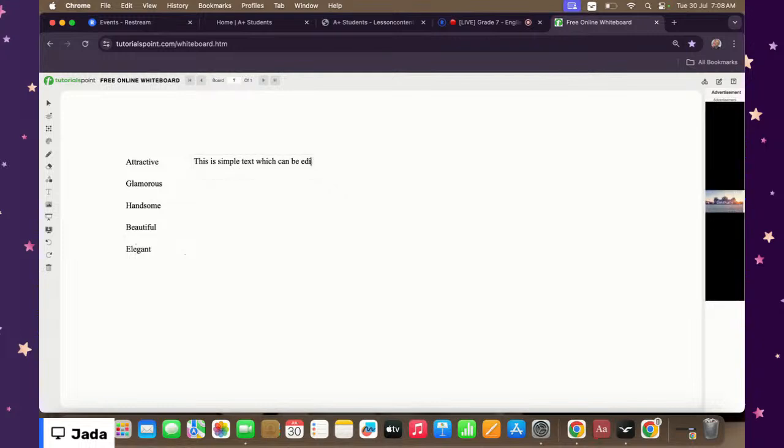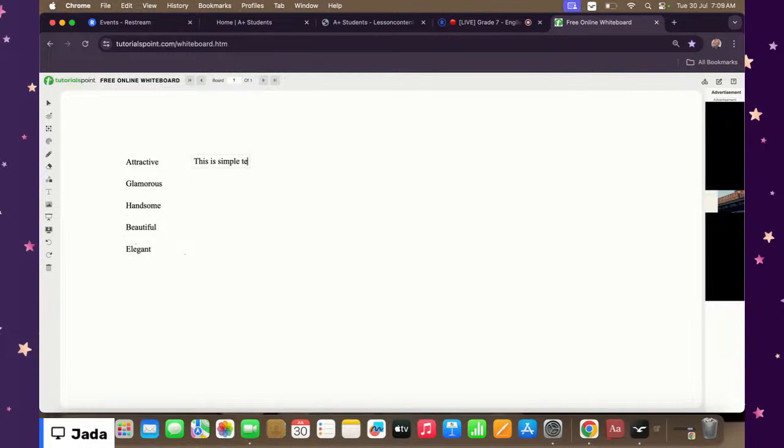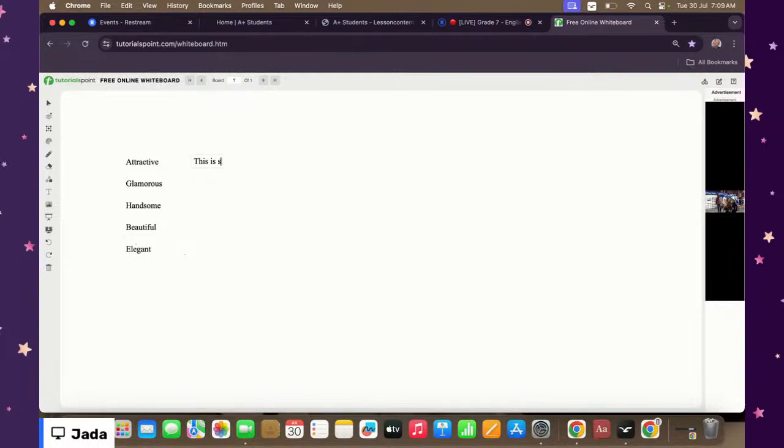And then moving on to the adverbs. Let's have a list of some adverbs. Okay, so let's have some here. We can have rarely. Let's say that's the first one. Rarely. Also, we could have lately.